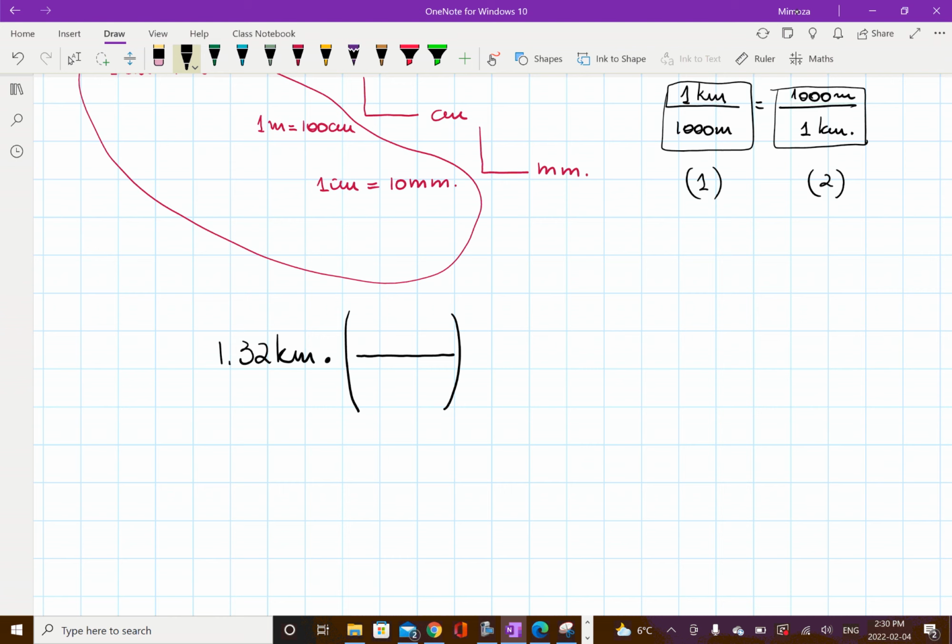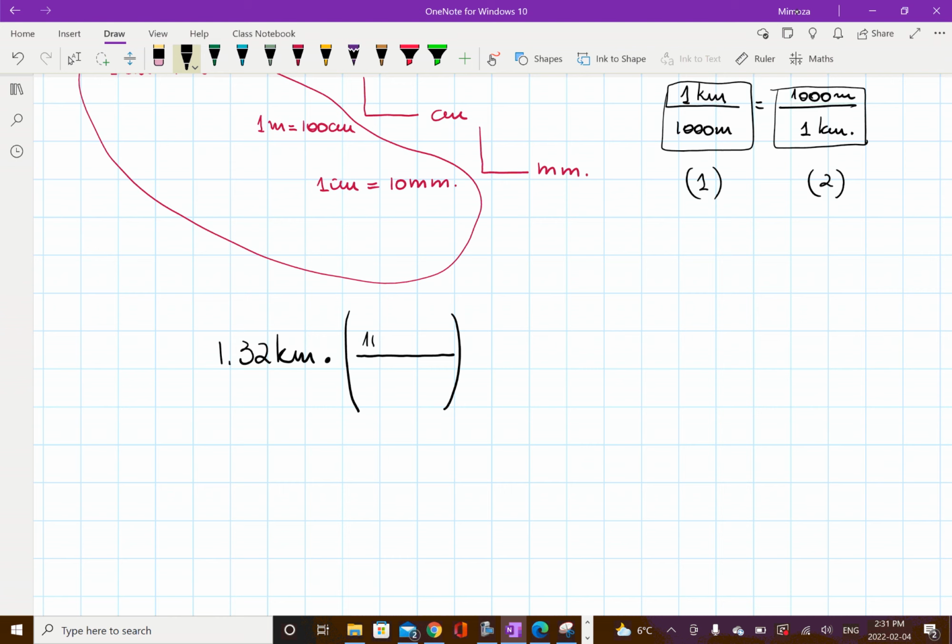If kilometers are in the numerator, then the one that you are multiplying by has to be in the denominator. Or if the units that you want to cancel are in the top of the fraction, then the one that you are multiplying by has to be at the bottom of the fraction.